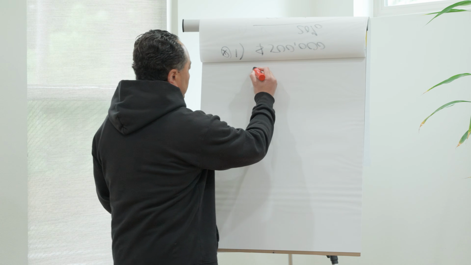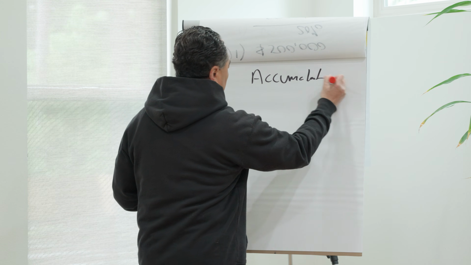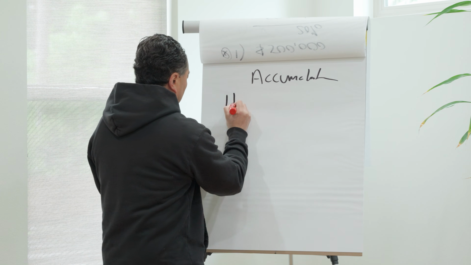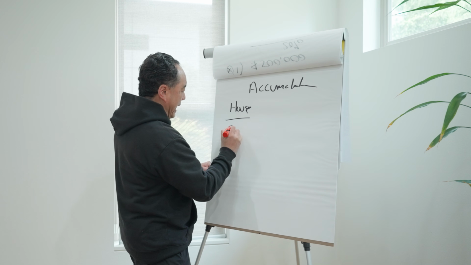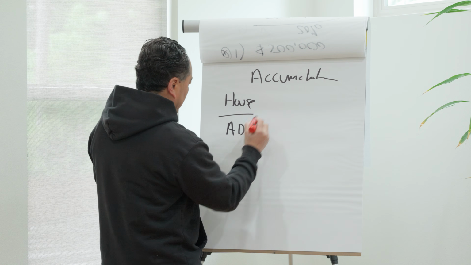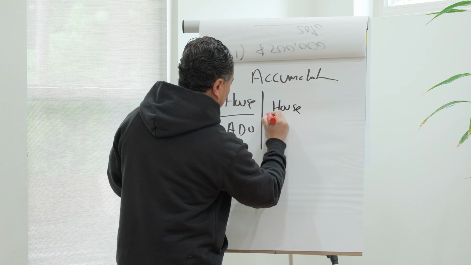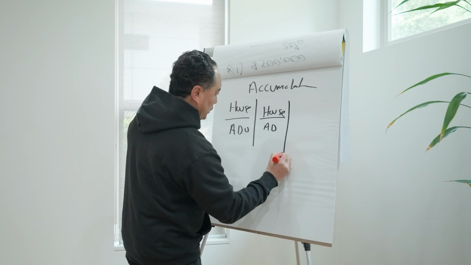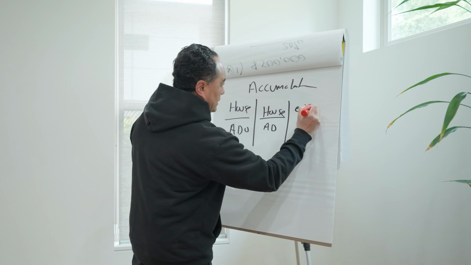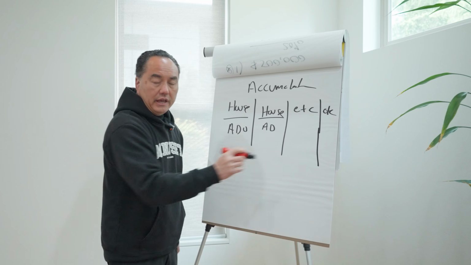Okay, so again, underneath accumulation, we have a house, and in the back, you've got an ADU. That's year 1. And then you do year 2. You do the same thing, ADU. And then year 3, etc., etc. You do that every year.